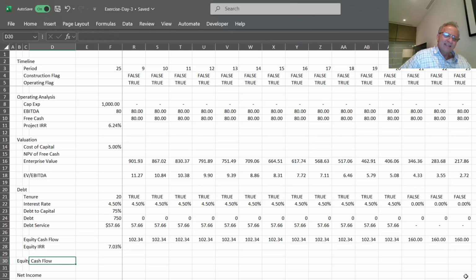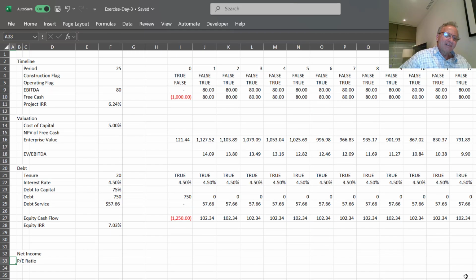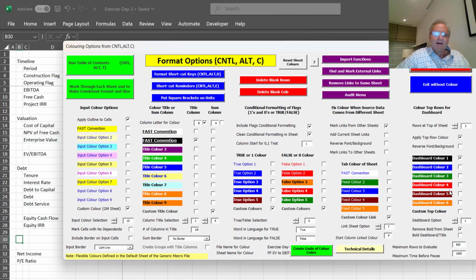Now, I don't need this, but what we can do now is we can get the net income, which is going to be, we're going to have to get the repayment out of the debt service, and we can compute the PE ratio with dividends. Maybe the first thing, let's relax a little and let's go and color the sheet, okay?